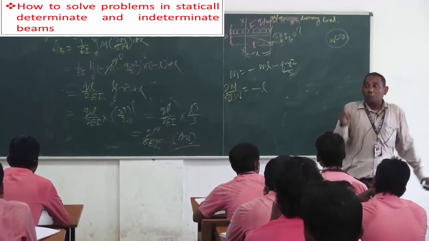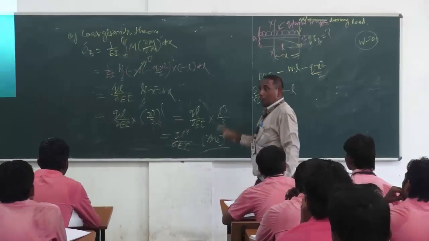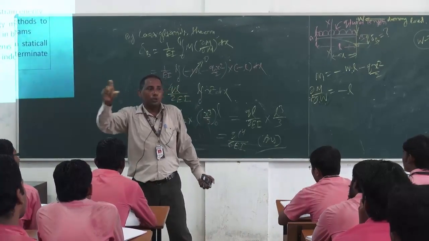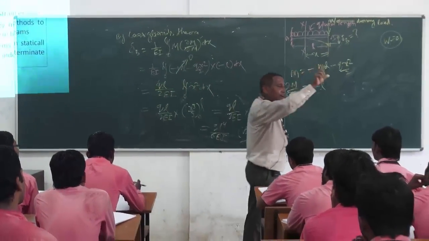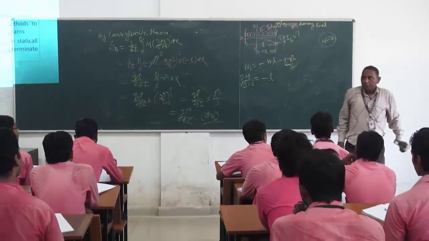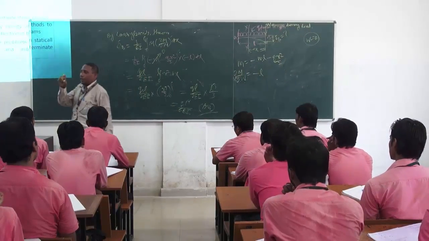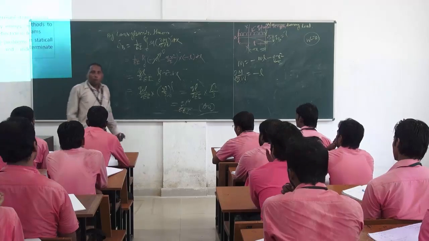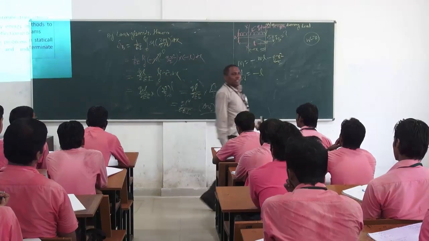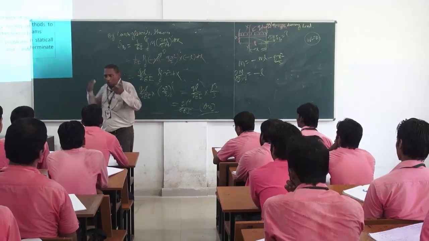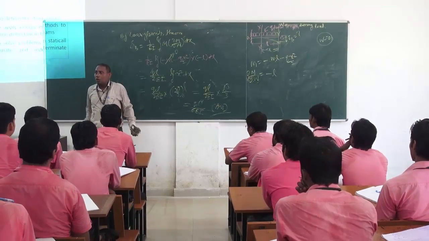Statically determinate means the problem can be solved by use of the equations of static equilibrium, that is sigma Fx equals 0, sigma Fy equals 0 and sigma M equals 0. If these three equations are enough to solve the problem, it is called a statically determinate problem. But more often you will find there are more constraints than the number of equations, and more reactive forces which are unknowns.